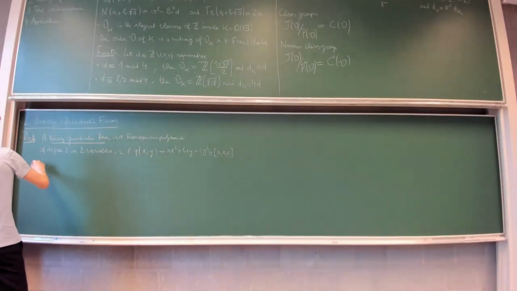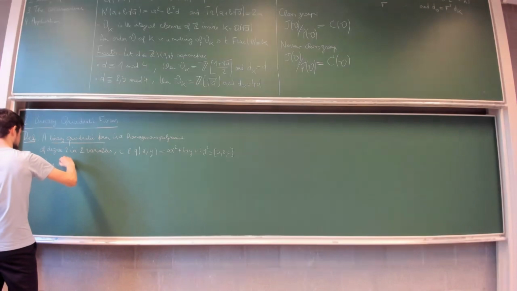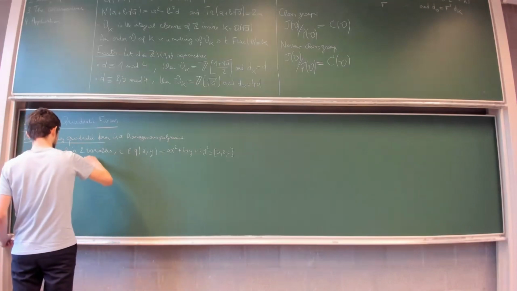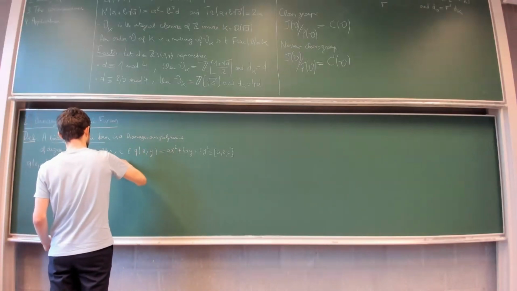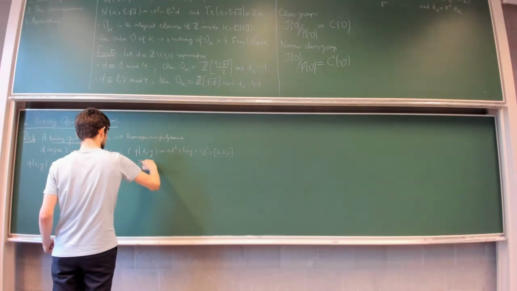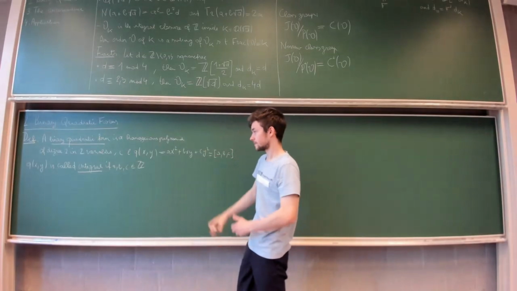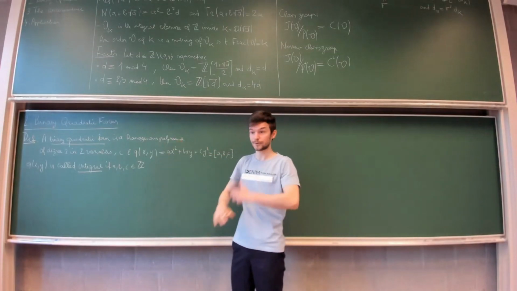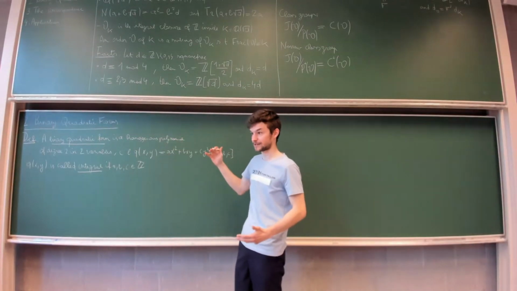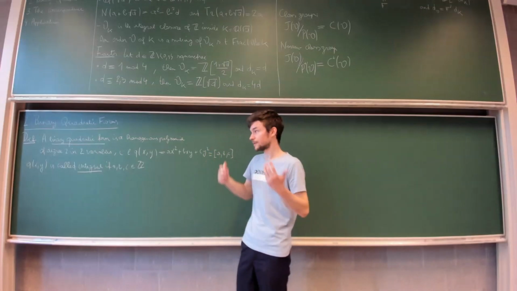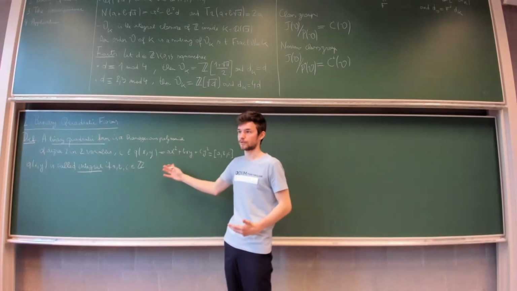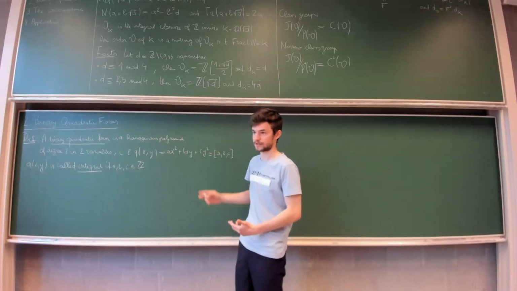Then Q is called integral if the coefficients are elements of Z. So the title mentions integral binary quadratic forms. This is what we will be referring to, but almost always this is abbreviated to binary quadratic forms or even quadratic forms, simply because the context makes it clear that we are working over Z and with a binary quadratic form.